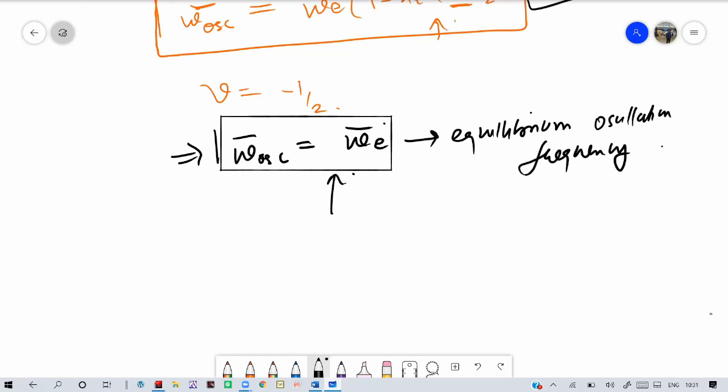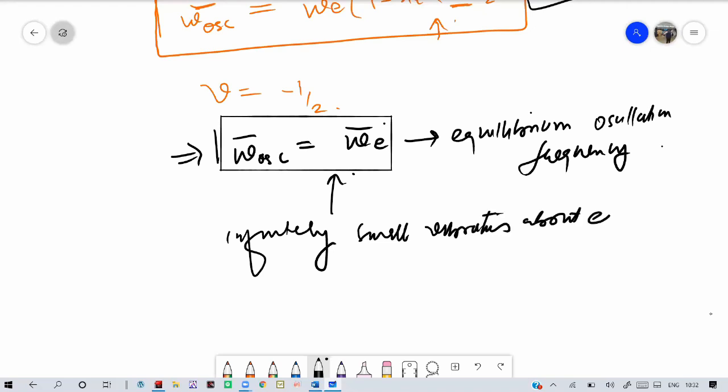That means when the system is in anharmonic motion, this frequency is for infinitely small vibrations about the equilibrium point. So it is the equilibrium oscillation frequency in the case of an anharmonic system, but it is for infinitely small vibrations about the equilibrium position.